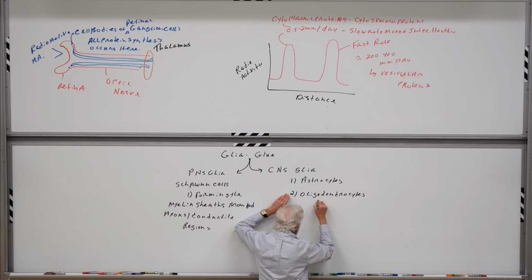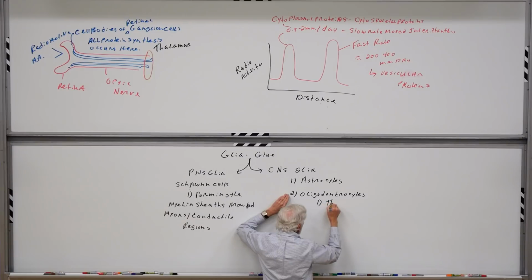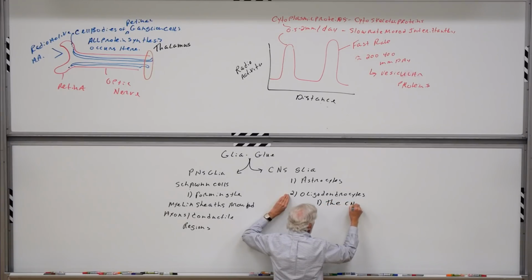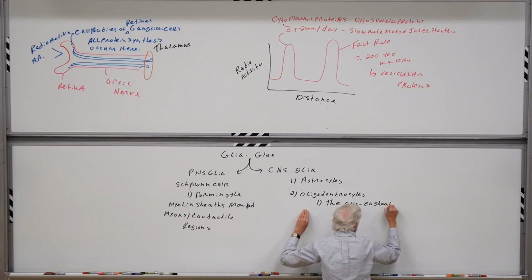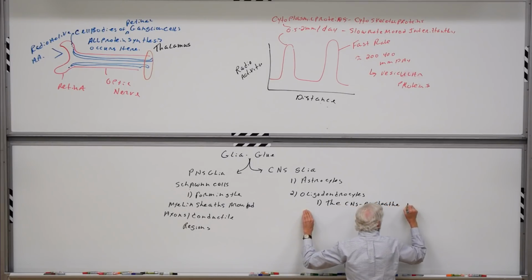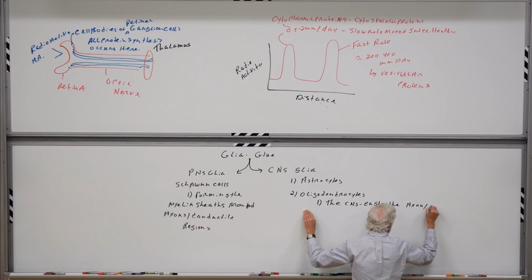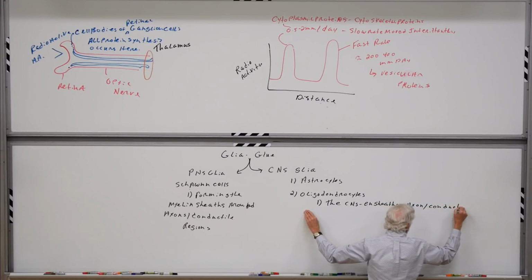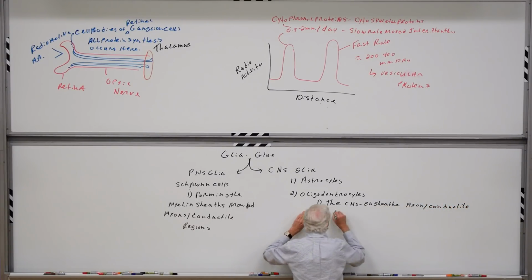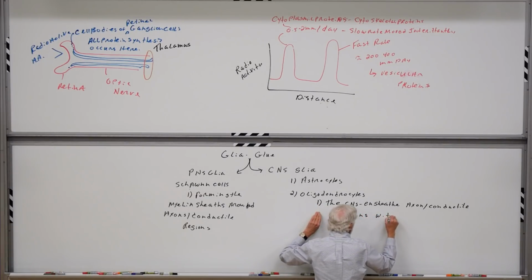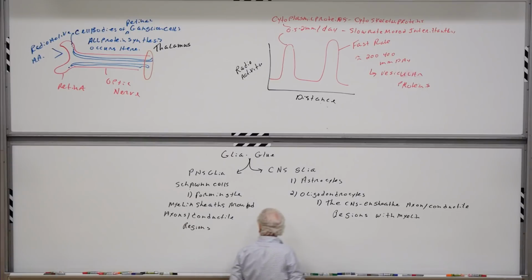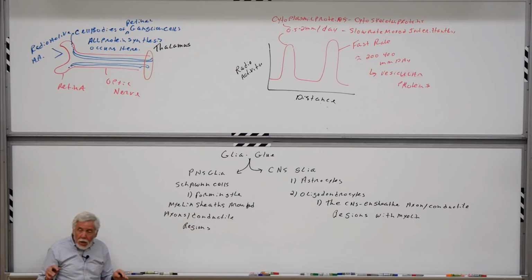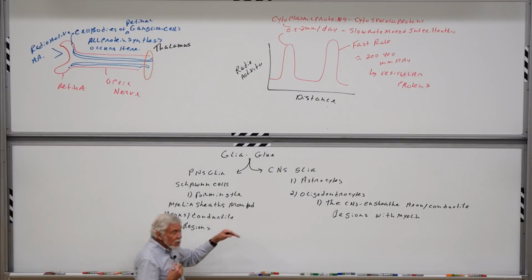So it's the oligodendrocytes in the CNS that ensheathe axons and conductor regions with myelin. In other words, both the Schwann cells and the oligodendrocytes are said to be myelinating cells.